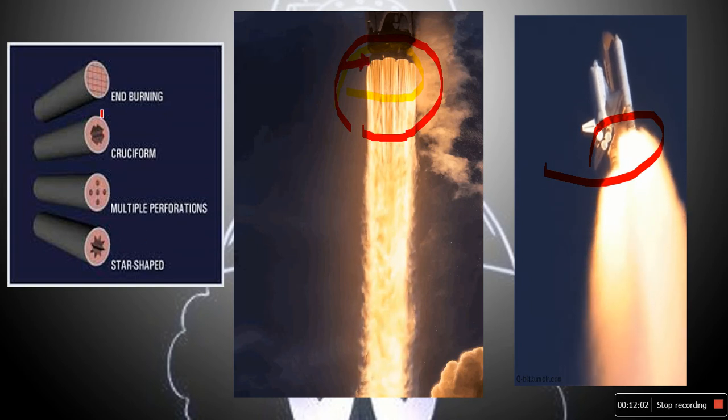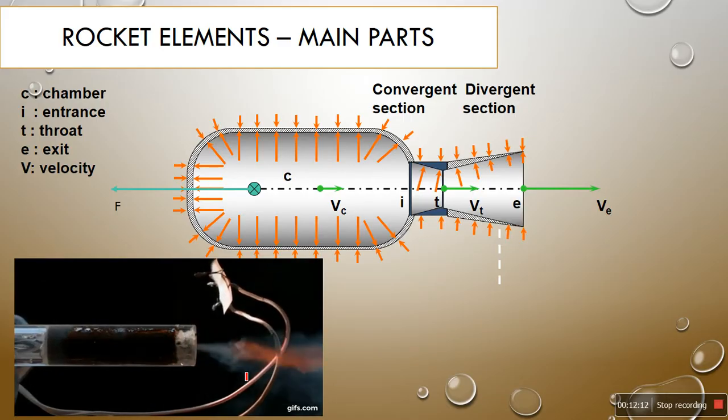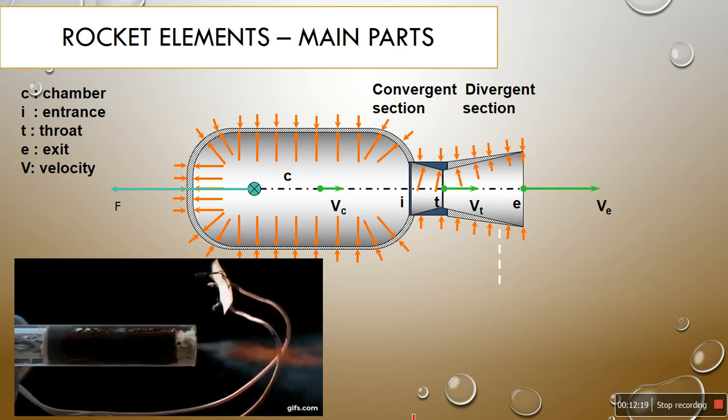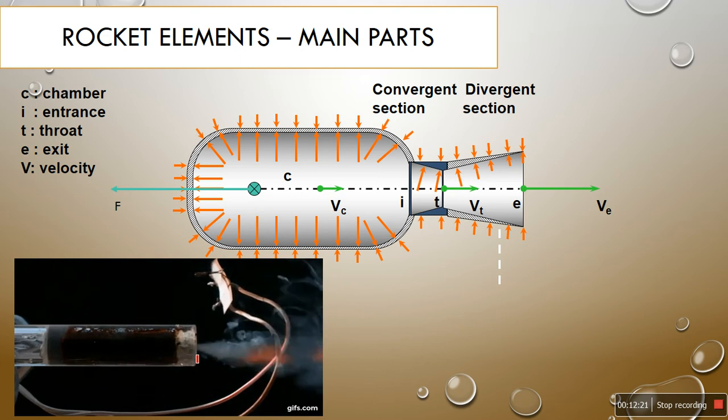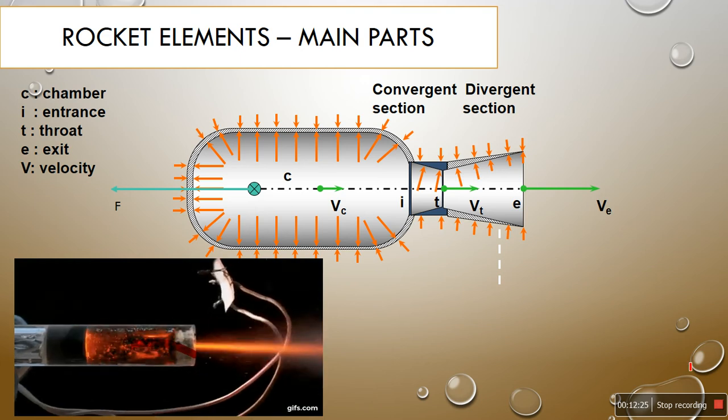And these are the shapes. What are the elements? If we see one animation or prototype of how it works, at one end, see here how the burning goes on, how it starts burning here. You see properly in this video.